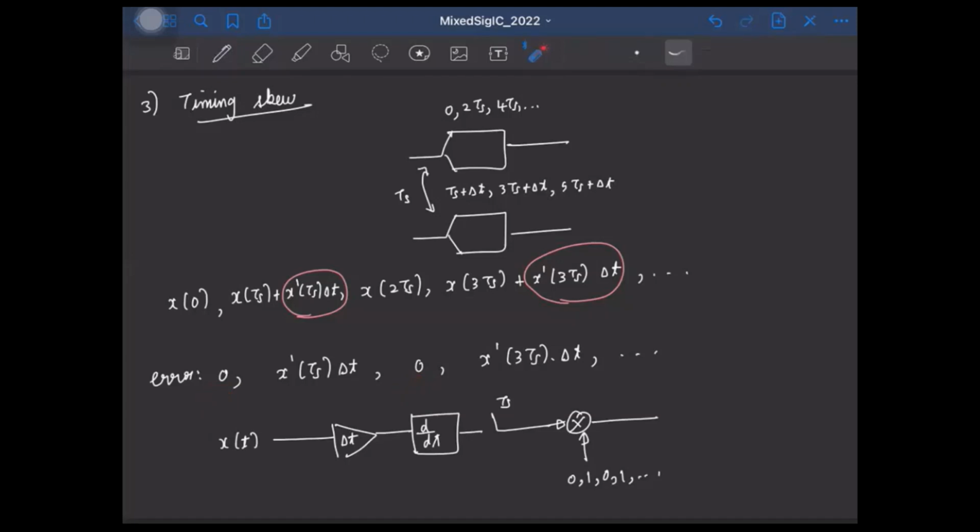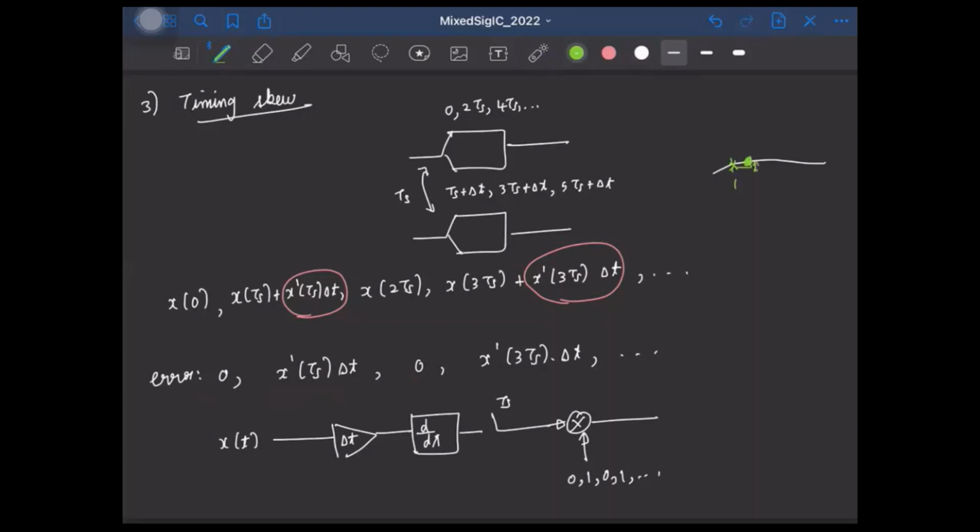Okay, and from this error signal, you see that the error signal will be much higher if the input slope is much higher, right? And why does this make sense? Well, because if the input is changing very slowly, even if there is a skew in the sampling time instant, ideally instead of sampling at this point, if you say you sampled here, the error is very small, right?